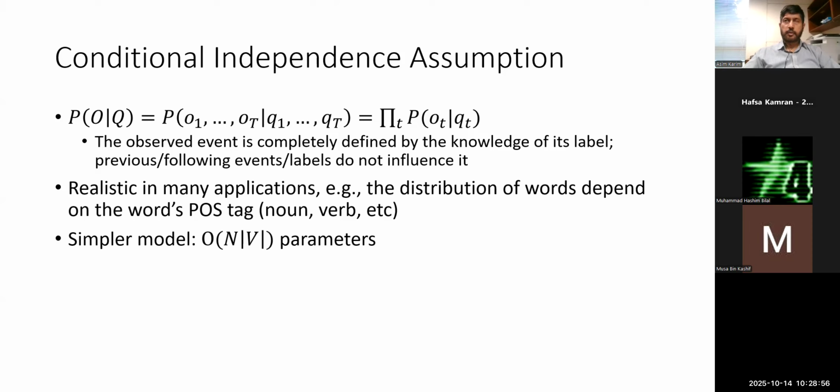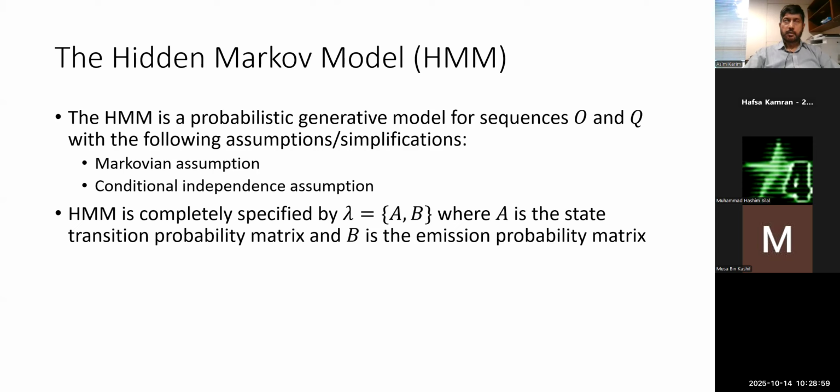So if you make both of these two assumptions, we get the hidden Markov model. Okay, so the hidden Markov model arises when you make these two assumptions on the two sequences O and Q.